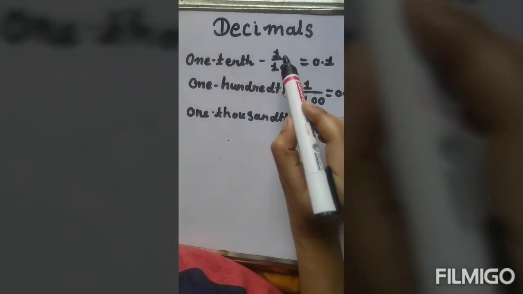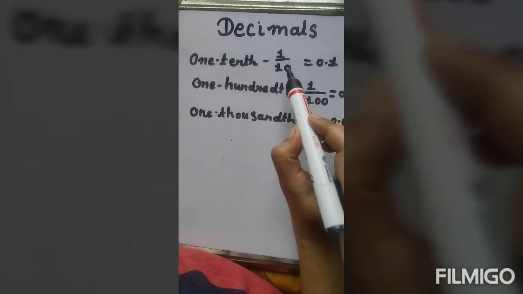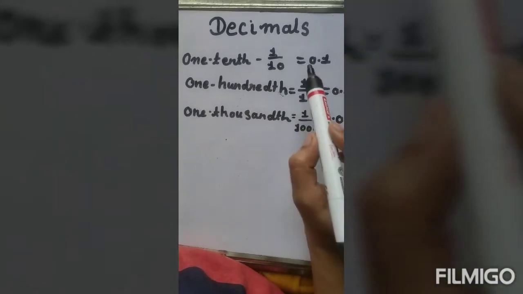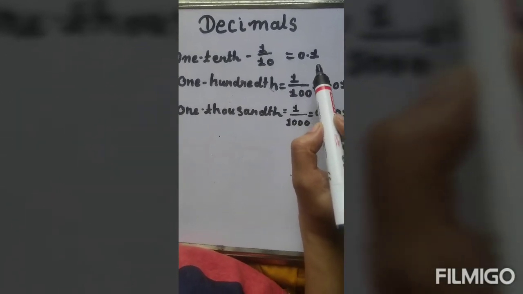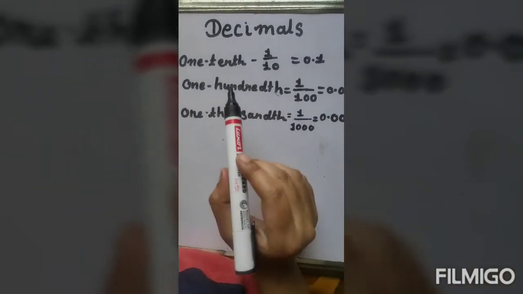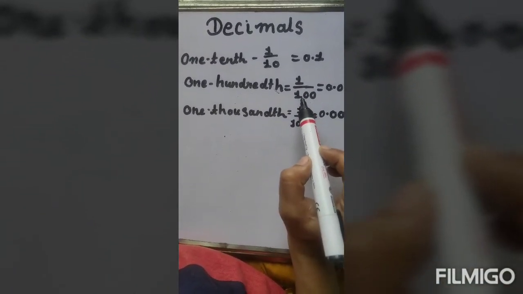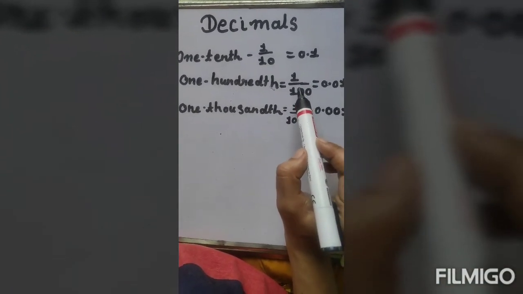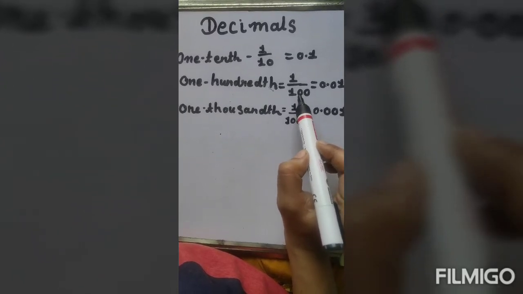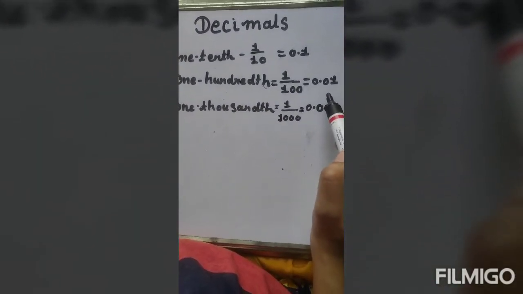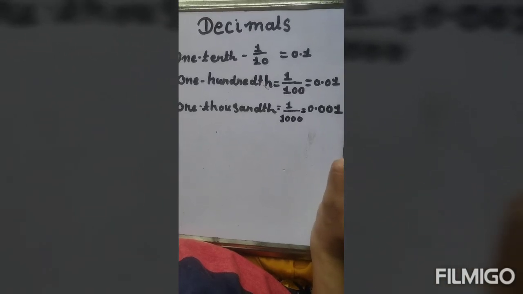When we divide a whole number 1 into 10 equal parts, then this value is called 1/10 and we represent it as 0.1. When we divide one whole into 100 equal parts, then this one value is known as 1/100. It means one hundredth, and we will represent it as 0.01.